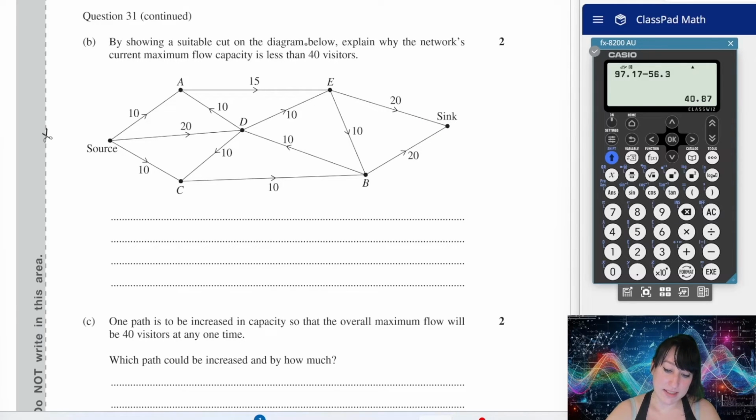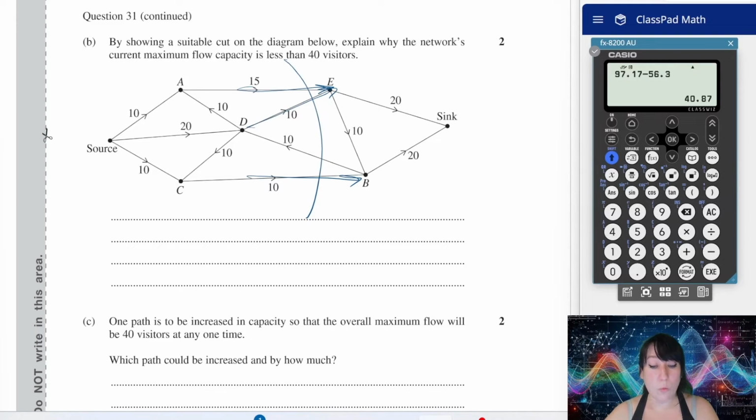If we cut perhaps through here, we have one that's going the wrong way, which wouldn't count, and we have 15, 10, and 10, and that adds up to 35.